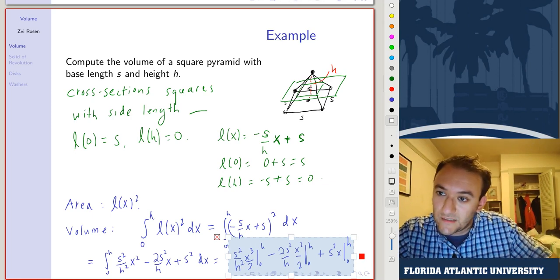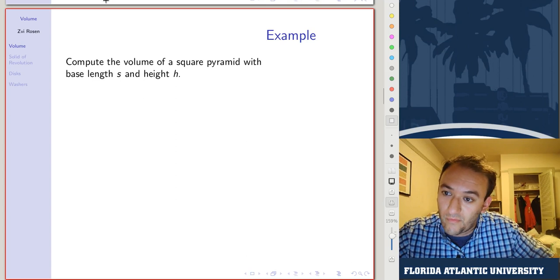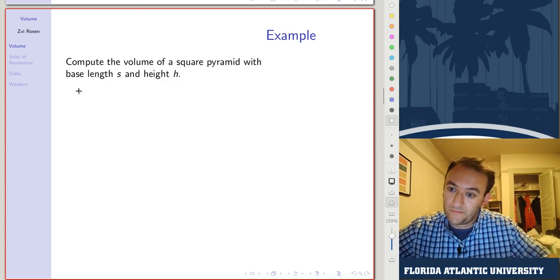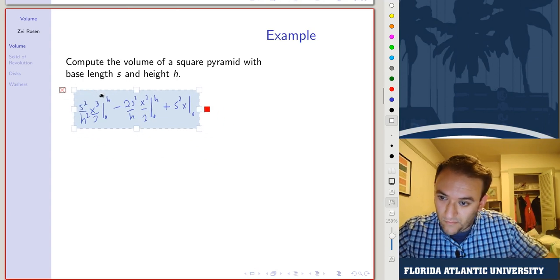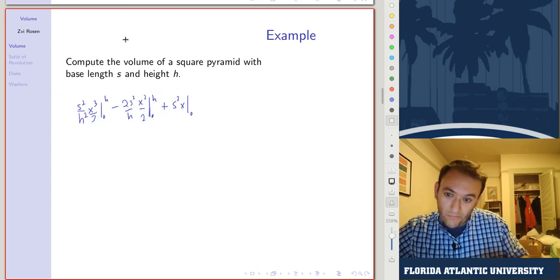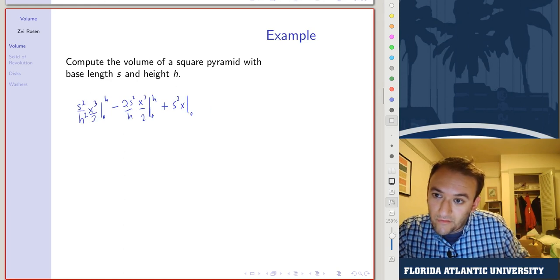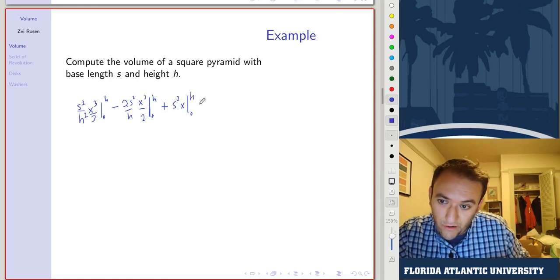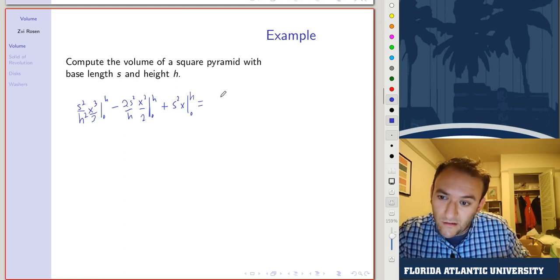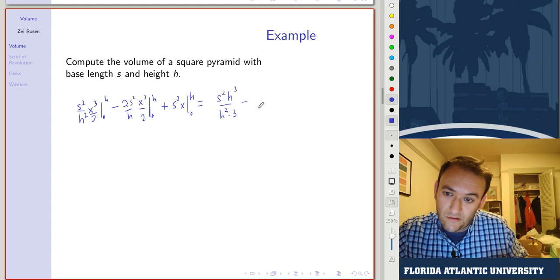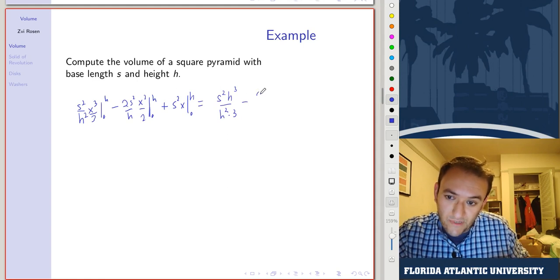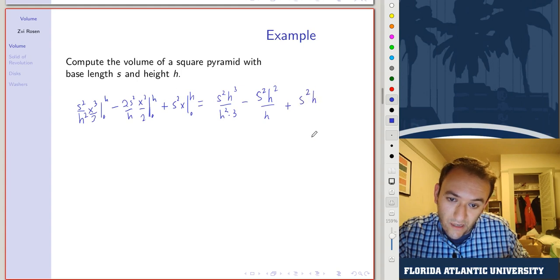And we'll take this onto the next page to finish up the computation. And we have h over here. So we're going to get s squared h cubed over h squared times 3. Okay, and the 0 term vanishes. Minus, the 2's cancel here, so we get s squared h squared over h plus s squared h.